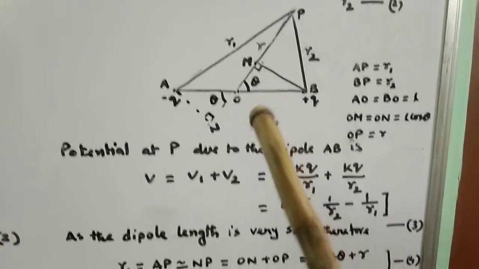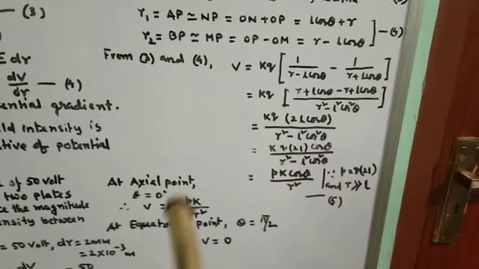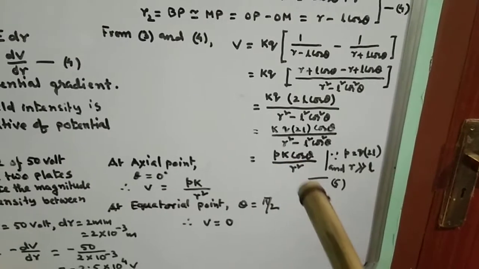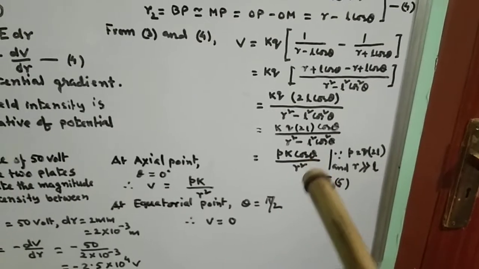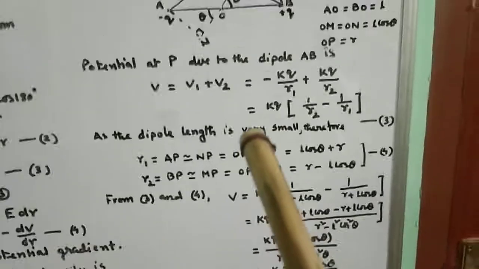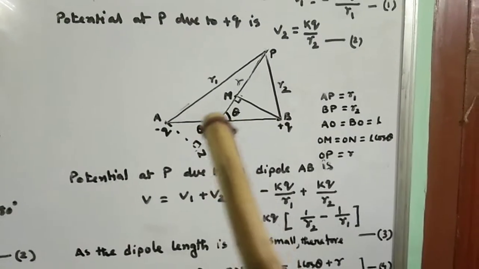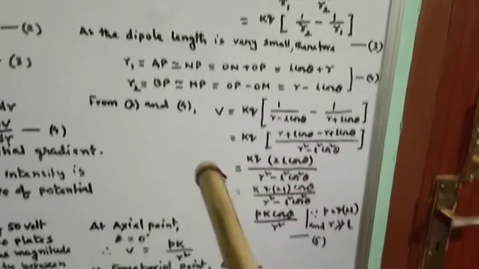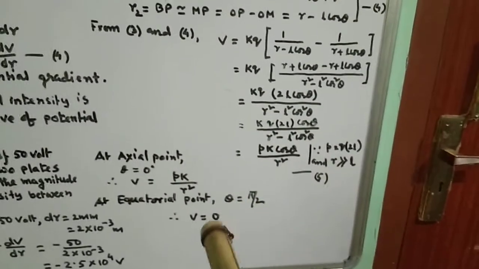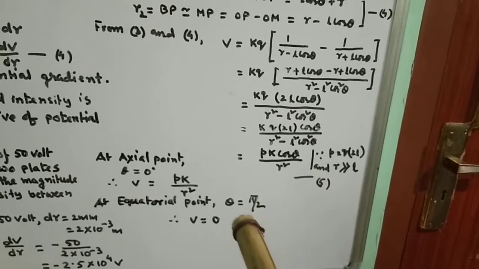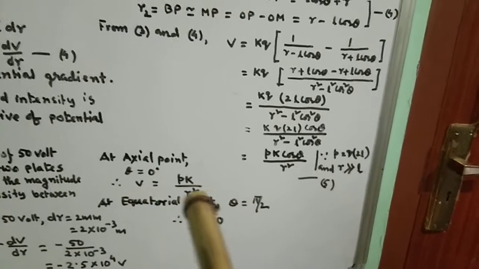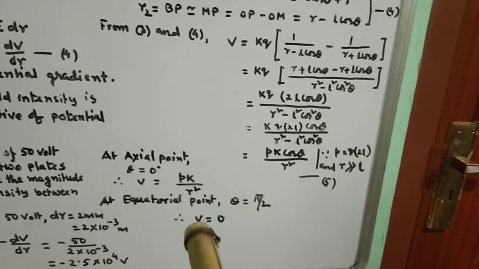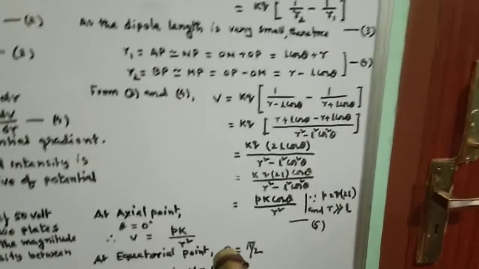So if you substitute theta equal to 0 at the axial point, it comes out to be pk by r square, because cos 0 is 1. Now the equatorial line, if you consider, is the perpendicular bisector of the dipole, so theta is pi by 2. If you substitute theta equal to pi by 2, then V goes to 0. So at the axial point, the potential due to the dipole is pk by r square, and at the equatorial point V equals 0.